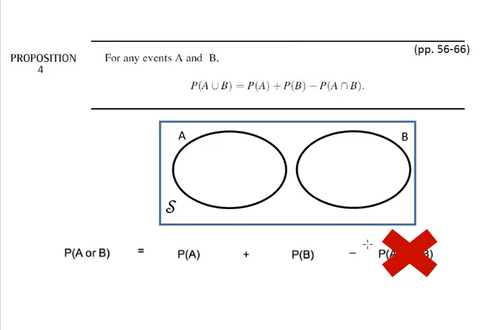So for disjoint events we don't need this part, and the result is the same as axiom 3. But if A and B are not disjoint, you should obtain the probability of A union B from this equation, not axiom 3.